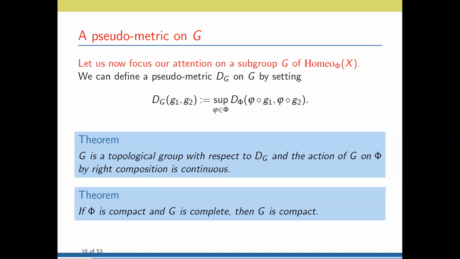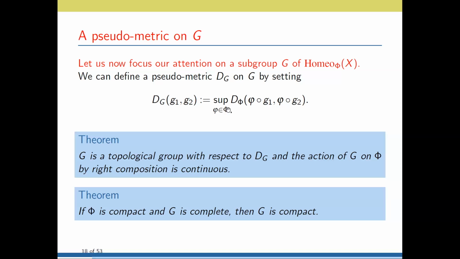Theorem: G is a topological group with respect to this pseudo distance, and the action of the group on the set of admissible functions by right composition is continuous. And we also have that if the set of our admissible functions is compact and G is complete, then G is compact.